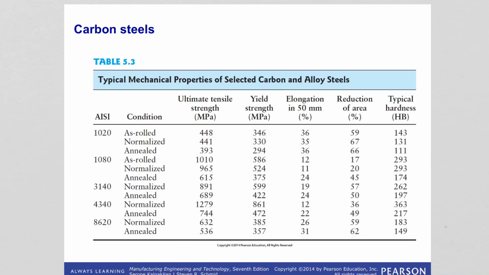So carbon steels, the principal alloying element is carbon, and only small amounts of other elements are added when we are talking about carbon steels. Of course, the strength of carbon steels increases with carbon content.